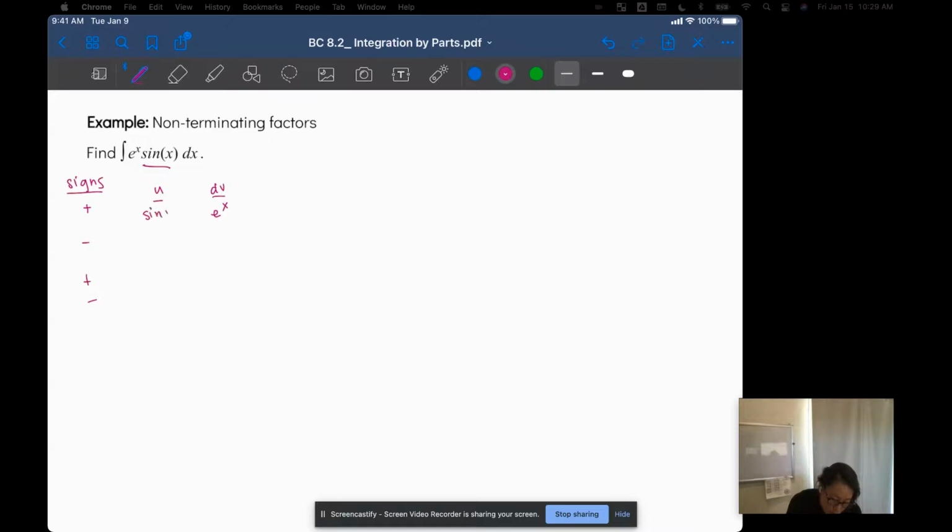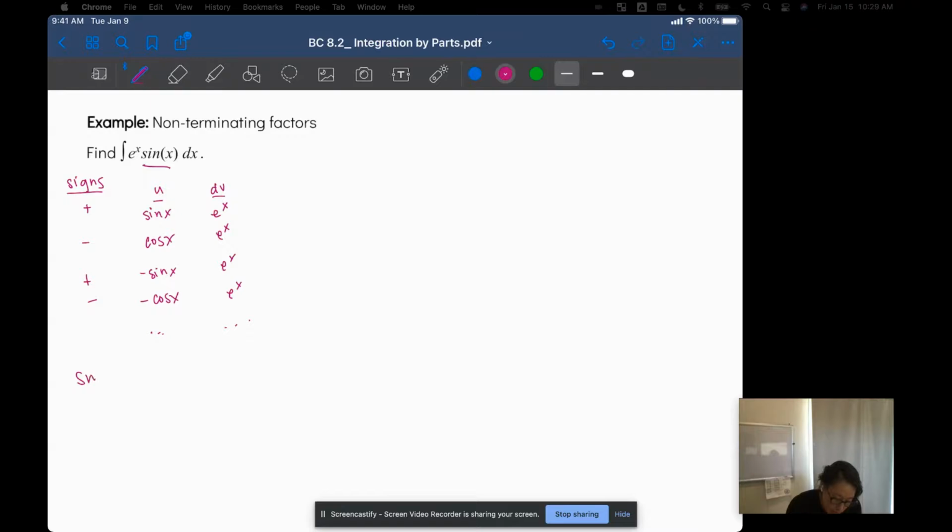When I take the derivative of sine x, I get cosine of x. When I take the derivative of cosine, I get negative sine. When I take the derivative of negative sine, it's negative cosine of x. And the antiderivative would always be e to the x. And I can see that this is never going to stop.